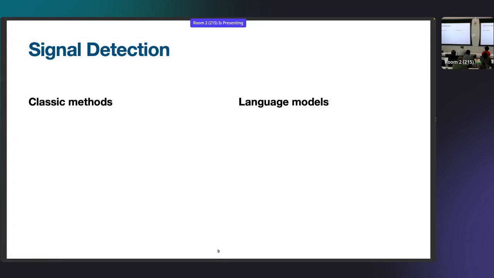There are several differences between classic methods for signal detection and methods that are based on language models. First of all, classic methods are type dependent, which means that we have to create a model specifically to extract a given signal type.